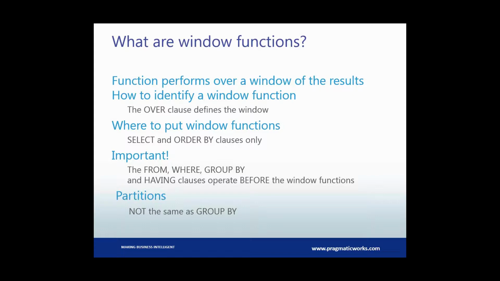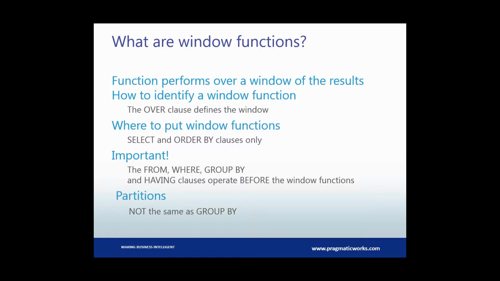So how do I know when I'm looking at a window function? You'll see the over clause. The over clause is used for a couple other things, like sequences, but if you see the word over in the select statement, it's almost always a window function. Where do window functions go in my query?